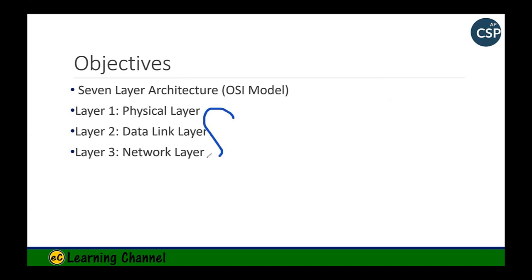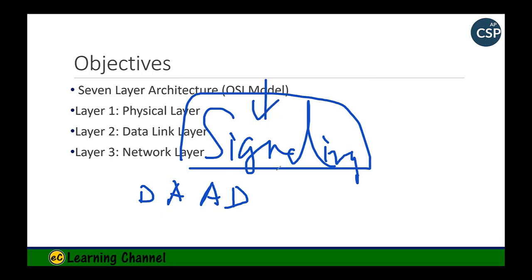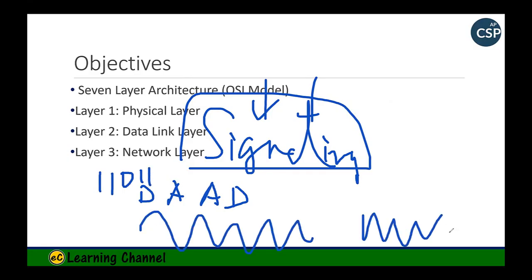Let me give you one more time. It's signaling. It's analog to digital to analog, and then analog goes back to digital. It's converting to a different signal. I emphasize this many times when I talk about the physical layer. You have to remember, it's 11011 converted to an analog signal, and then the other side receives the analog signal and converts it back to 1011.